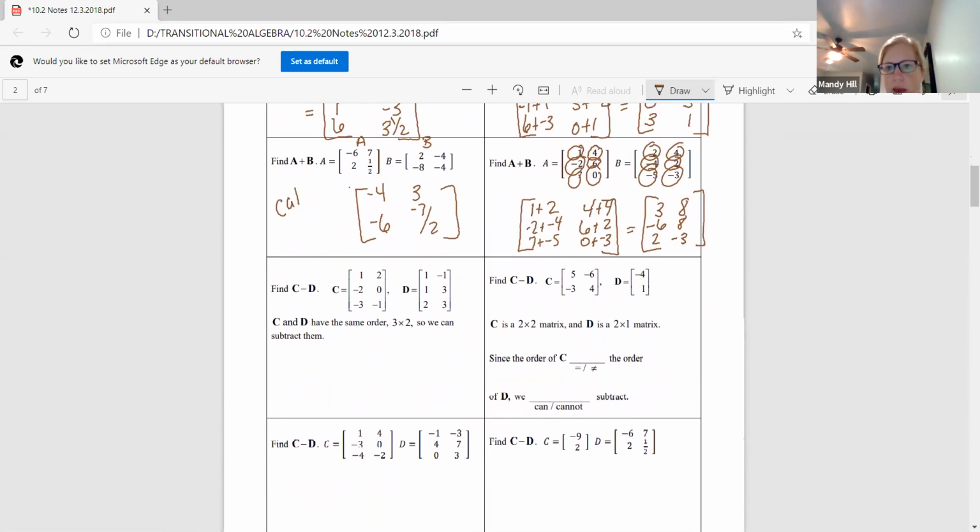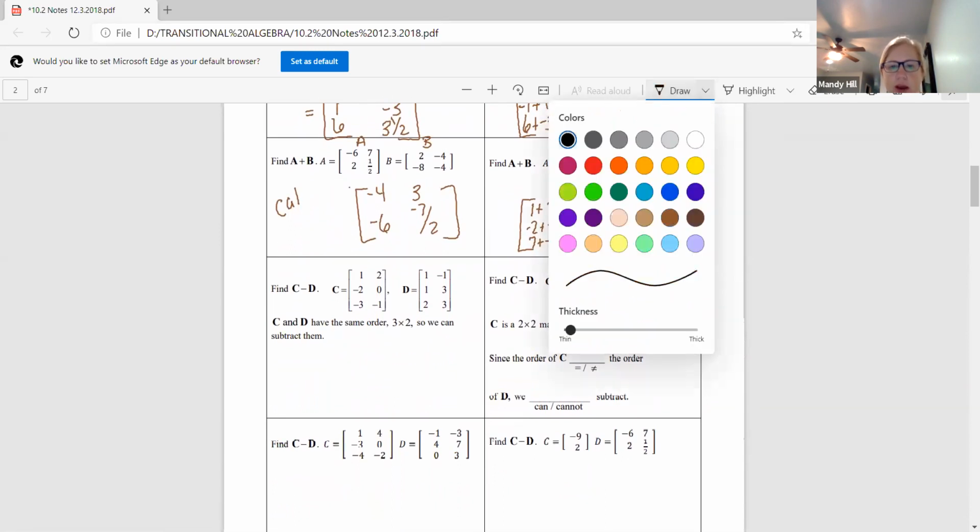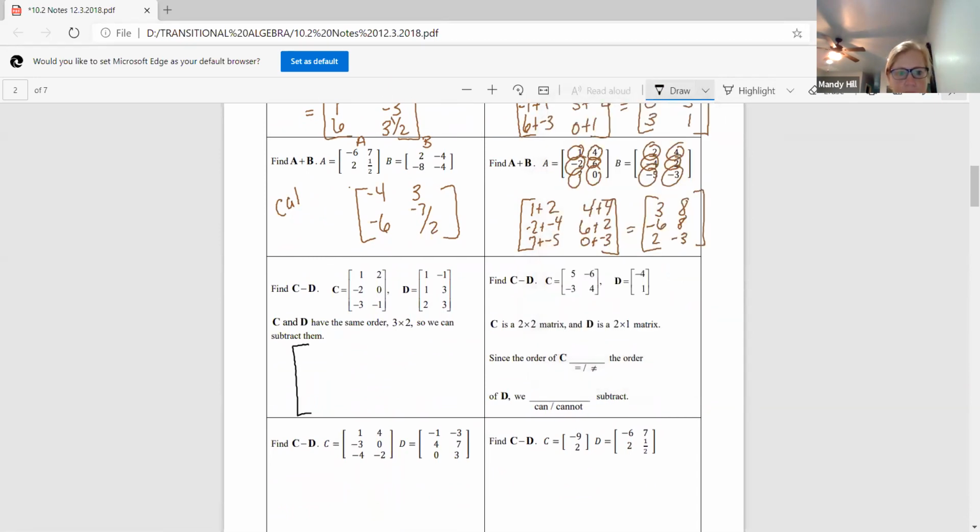Now, let's look at what happens when we subtract. So, very same principle here. When we're subtracting, if we're doing matrices C minus D, you're going to do 1 minus 1. And move to the first row, second column on both of them and do 2 minus, now watch out, we're subtracting these two.